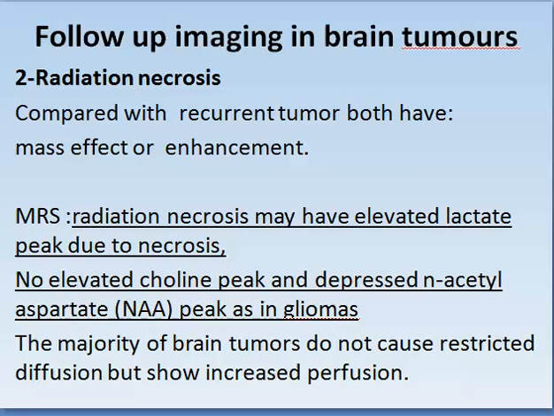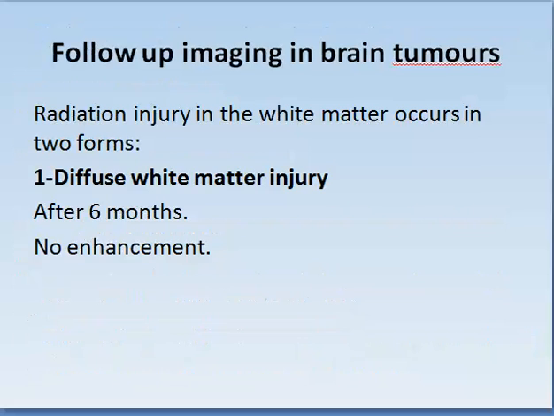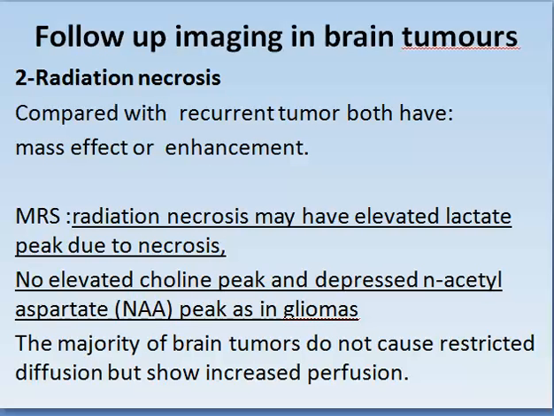So radiation can either give diffuse white matter injury, where there is no enhancement, or you can get radiation necrosis, and here there is elevated lactate peak due to necrosis, but no elevated choline because there is no tumor. The majority of brain tumors do not cause restricted diffusion but show increased diffusion.